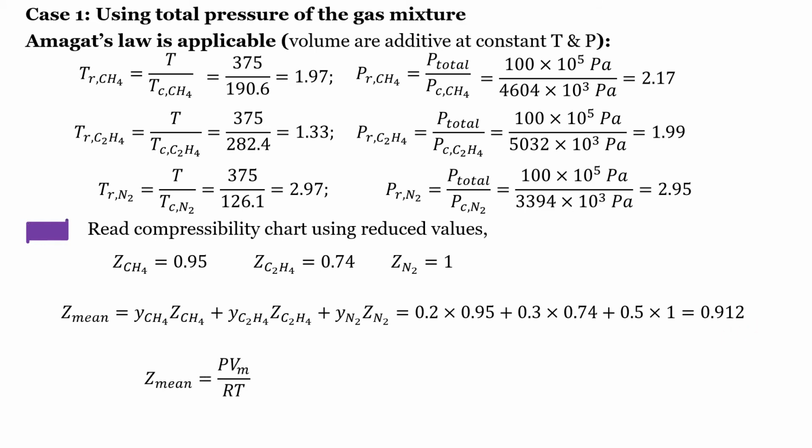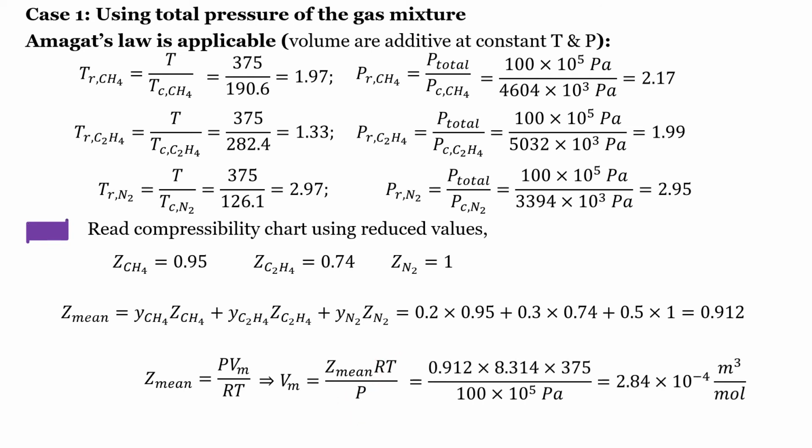Now we can write Z as PVm by RT, where Vm is the molar volume. Now we can estimate the molar volume because Z mean is known, temperature is given and pressure is also given. So we will use the pressure and temperature of the gas mixture. After putting all values, we will get the molar volume.